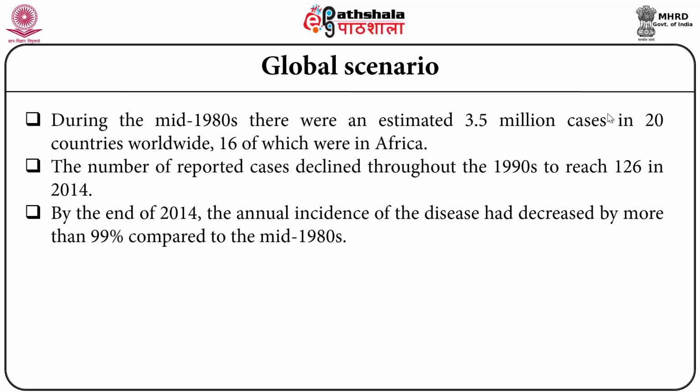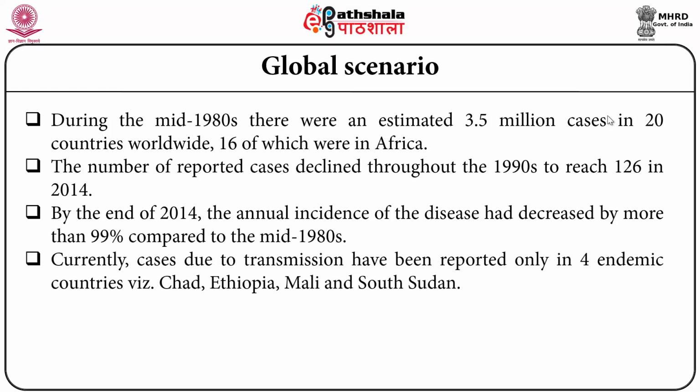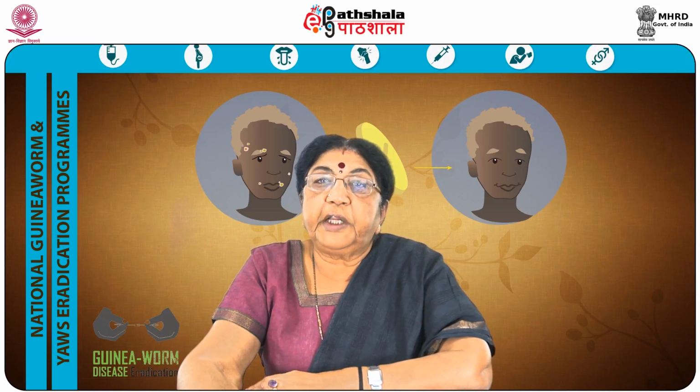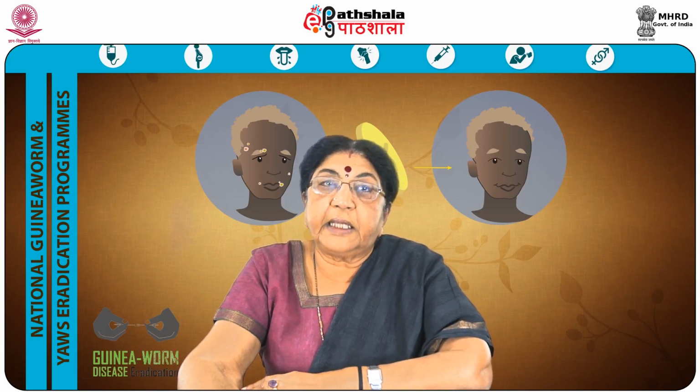By the end of the 1990s, of course, these cases started to come down, because emphasis was now being given to good drinking water, and by the end of 2015, the annual incidence of the disease had decreased by more than 99%.